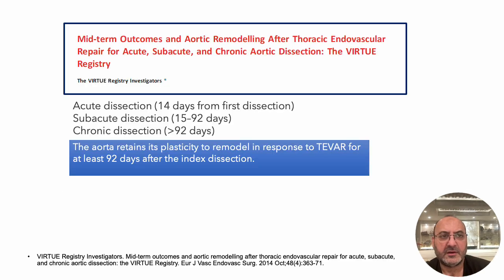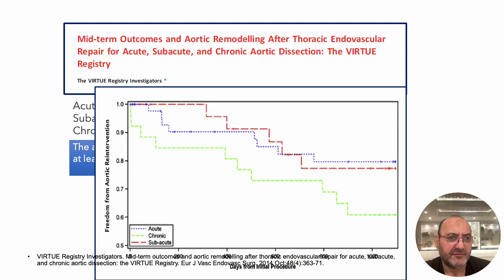When you look at the midterm outcome and aortic remodeling after thoracic endovascular repair for acute, subacute and chronic dissection in the VIRTUE registry, they found that the aorta still maintains its plasticity within 92 days. We look at this graph. The red and the blue lines are acute and subacute, and the freedom from reintervention is about the same.